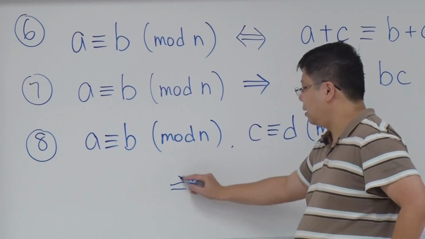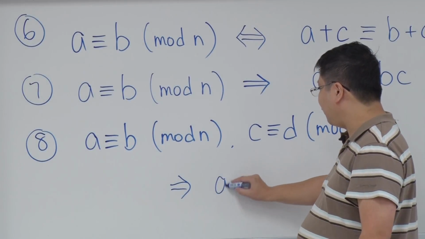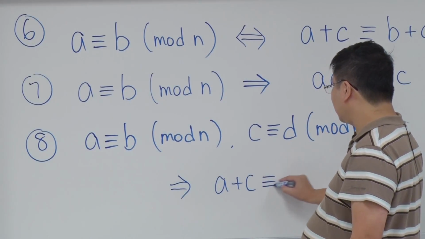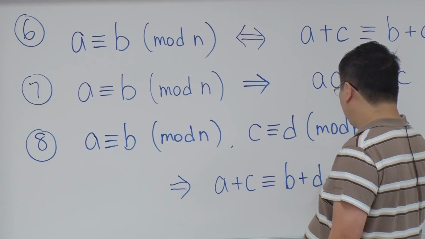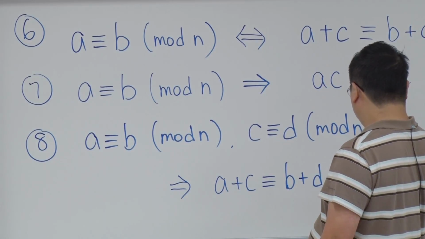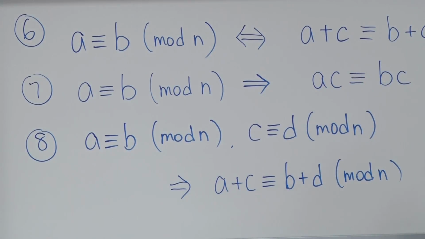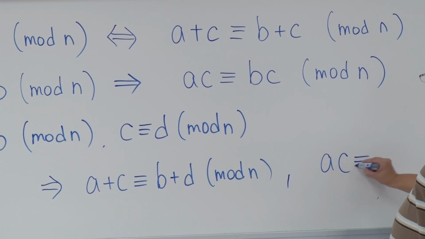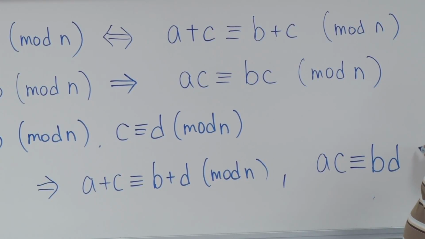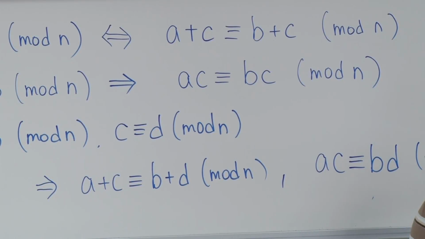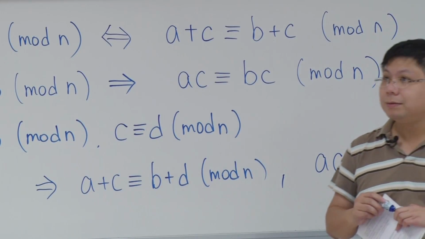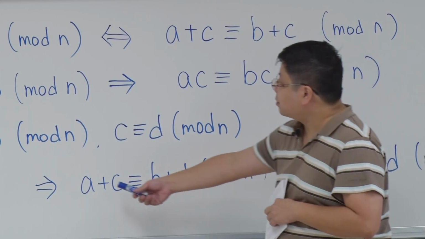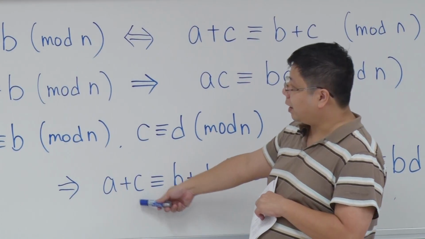Then we will have A plus C is the same as B plus D mod n. Is that okay? And then we also have A times C is equal to B times D mod n. Is that okay? So this one, you can apply this twice, okay?